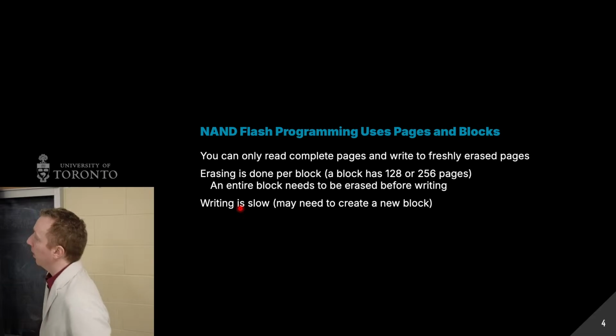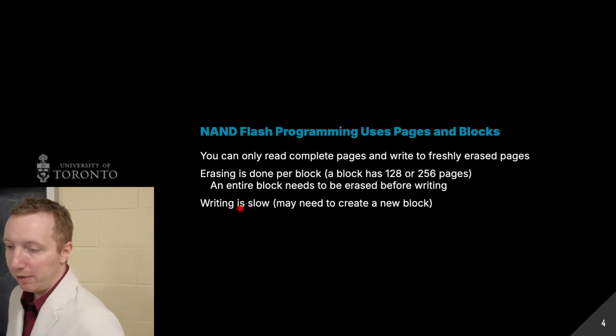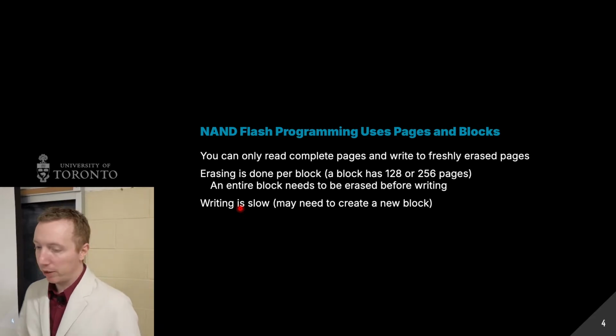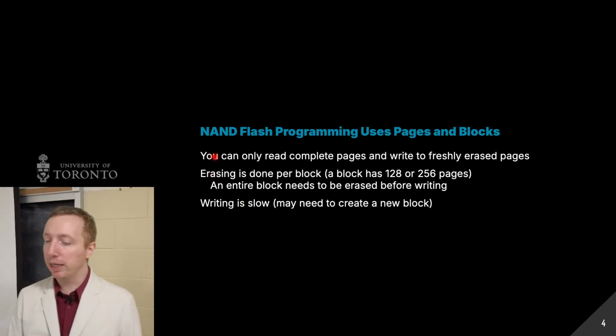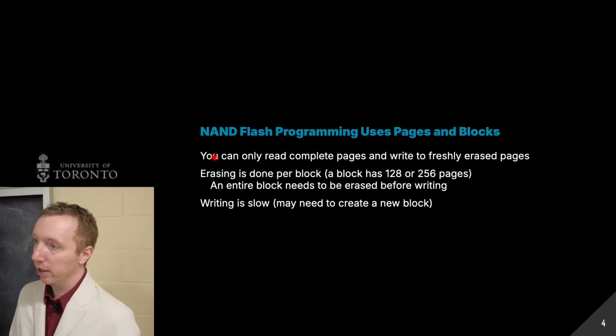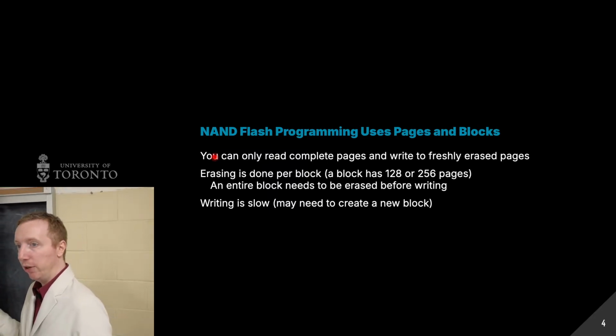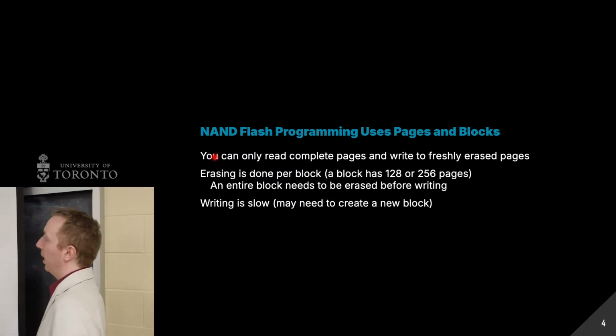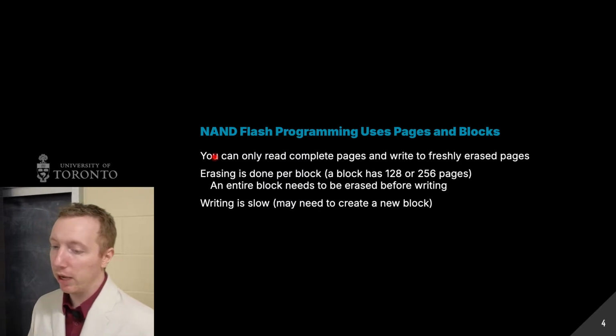So for programming NAND flash, we use pages and blocks. The rules are quite simply, you can only read complete pages and write to freshly erased pages. After you write to a page, you can't overwrite that data until it is erased. And you can only erase a block at a time.